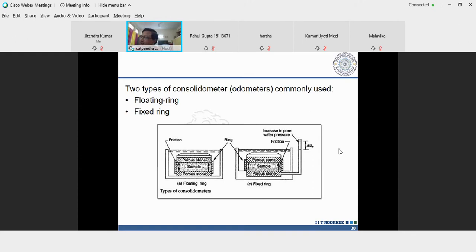So, there are two types of consolidometers. One is the floating ring type, the other is the fixed ring type.